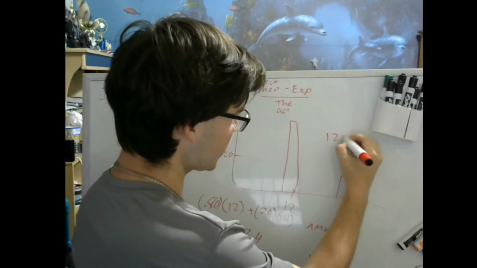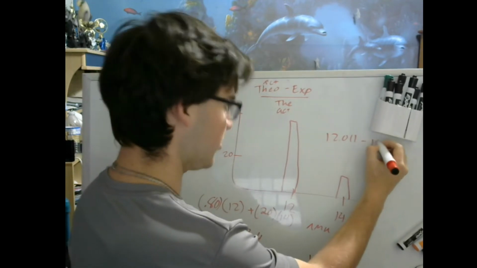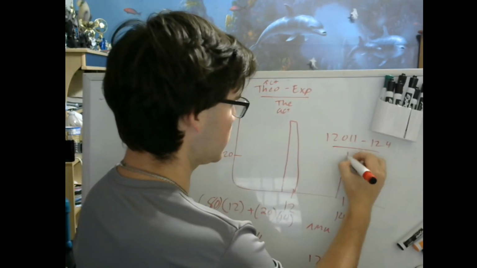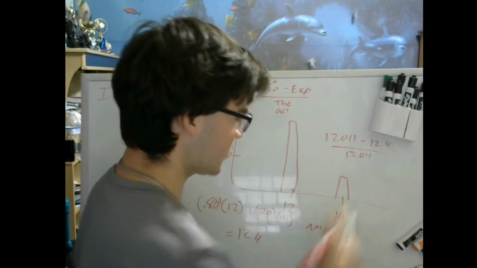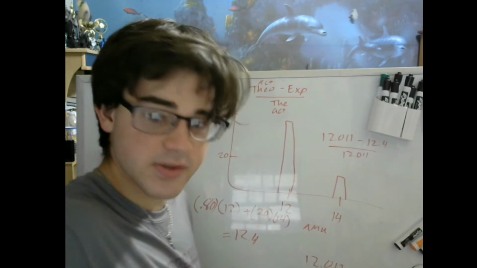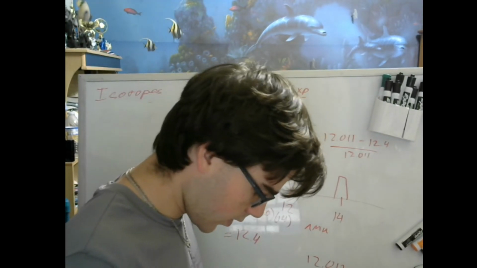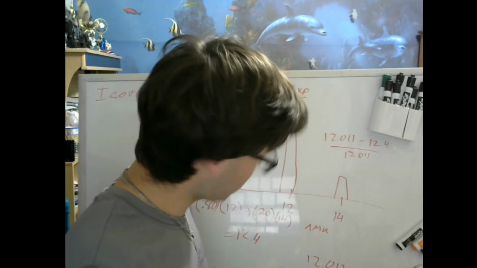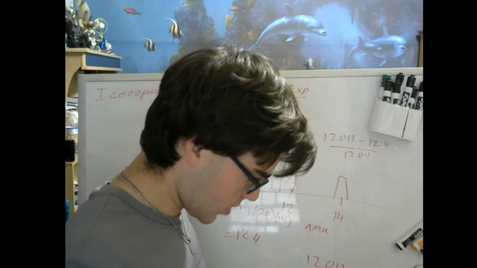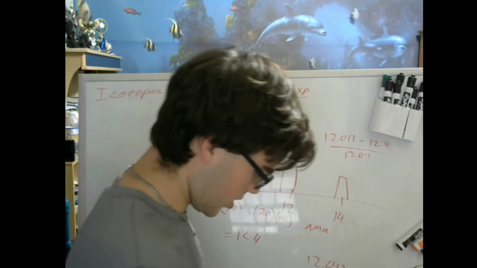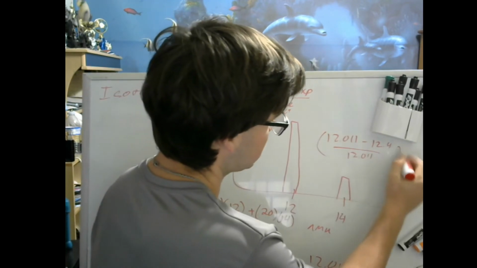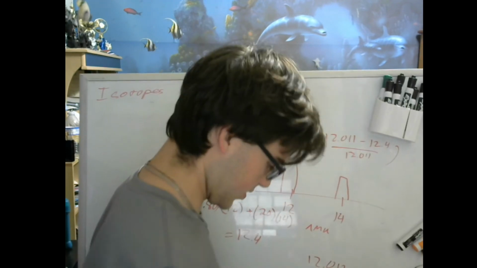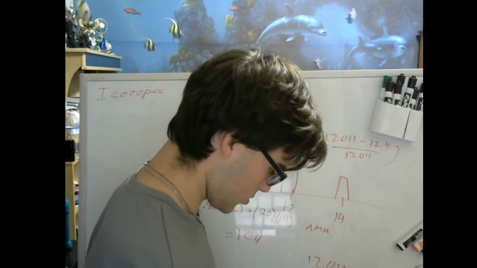So 12.011 minus 12.4 over 12.011. So let's see what the percent error of my fake lab was. 12.011 minus 12.4 all over 12.011, and of course this is times 100 because we're looking for a percent.